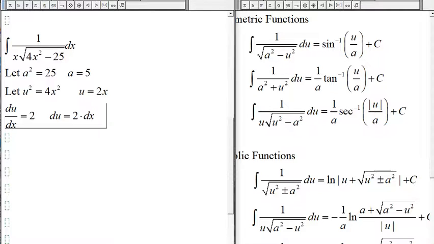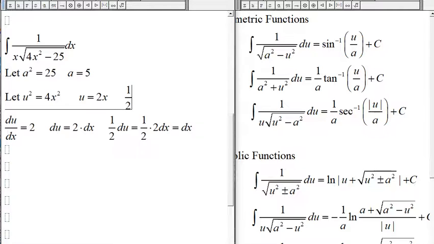So we need to multiply both sides by 1/2. Then this is equal to dx. And then also right here, since we have an x here, we need to also solve for x. So we multiply both sides by 1/2.